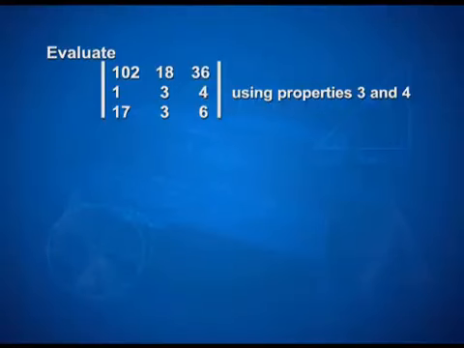Now, students, look at the screen. We will be using properties 3 and 4 for solving a determinant. Evaluate the determinant 102, 18, 36, 1, 3, 4, 17, 3, 6.